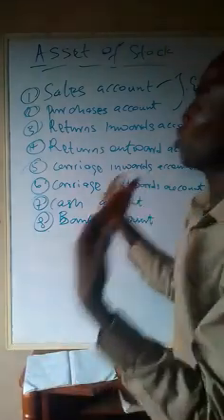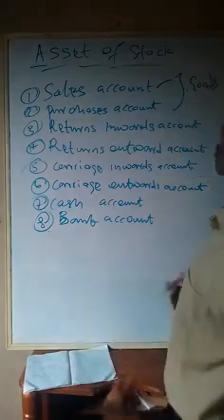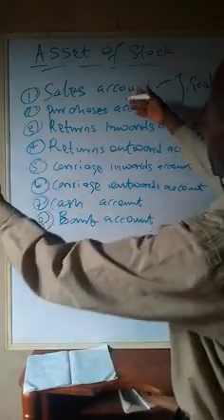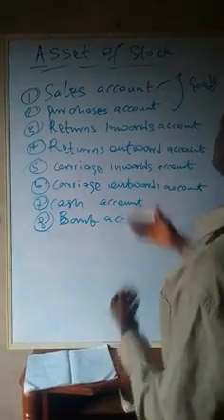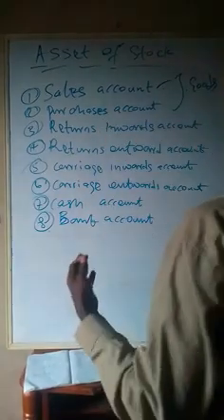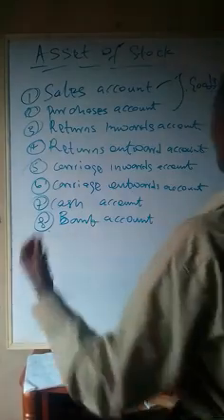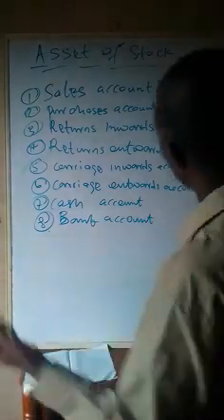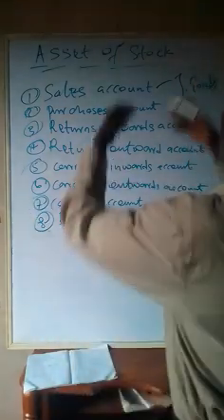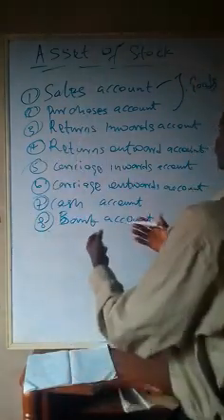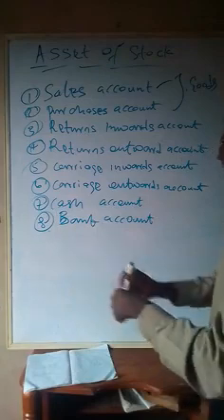Goods bought, goods sold, that's for sales account and purchase account. And they are still the ones that are turned into either return inward or return outward, carriage inward, carriage outward. If it's on cash basis, it is turned into cash account, or turned into bank account.